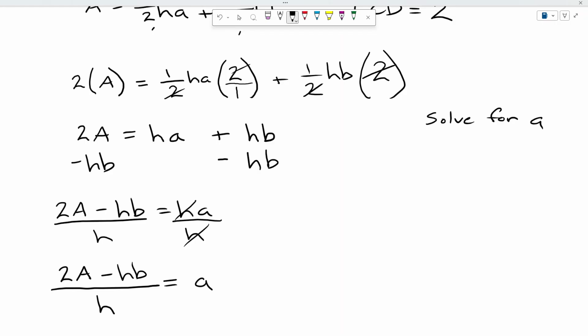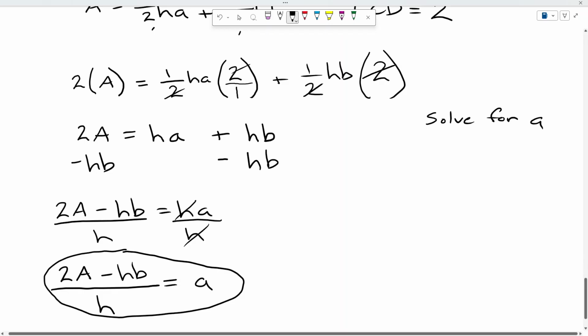If the H was by itself, separate from the B, then we could, but because it's attached to the B, the H's won't cancel, so we're still dividing by the H. So that is our final answer, just solving for a letter variable, no numbers: A equals 2A minus HB over H.